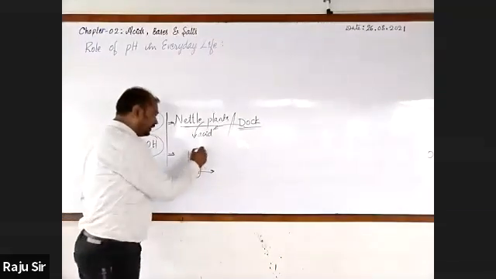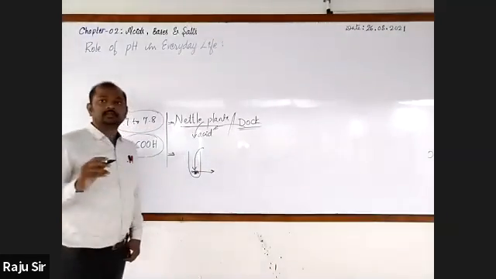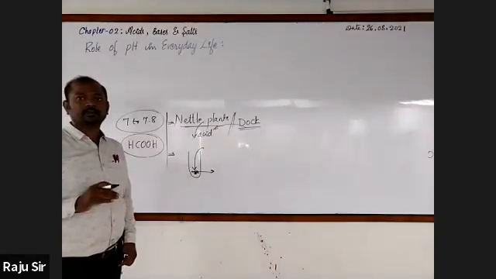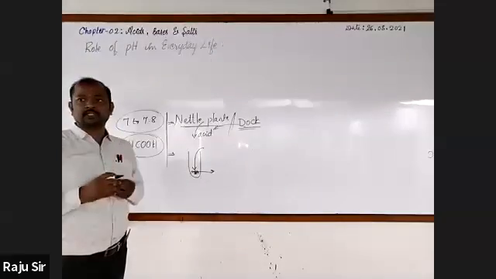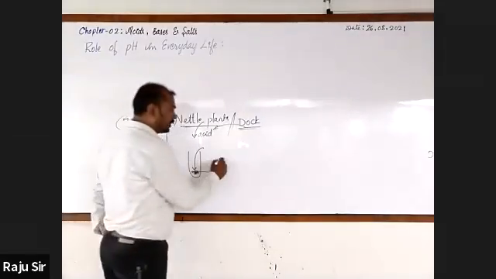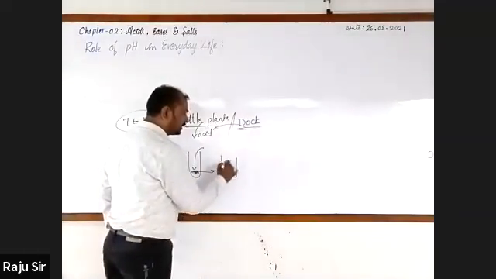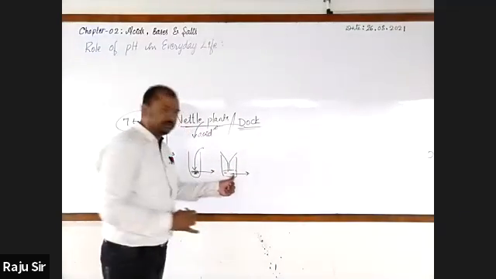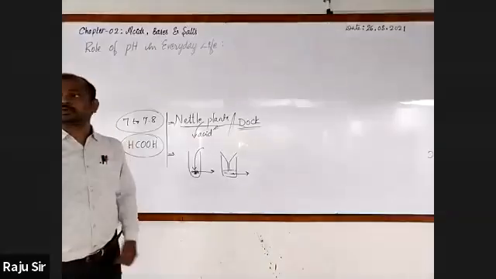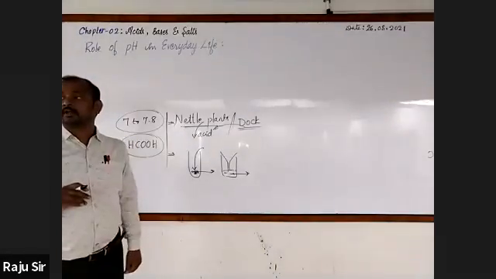Then add distilled water to that. Shake it well. Then both will mix with each other. Then after that, go for filtering and collect the filtrate. Whatever filtrate is collected, this solution is used to know the pH.